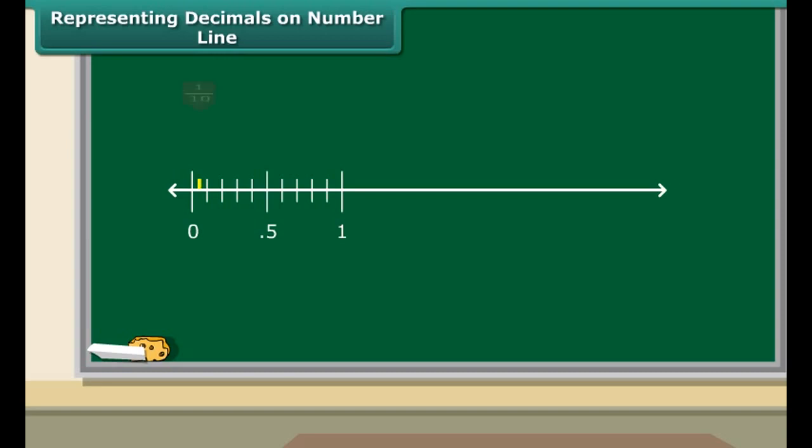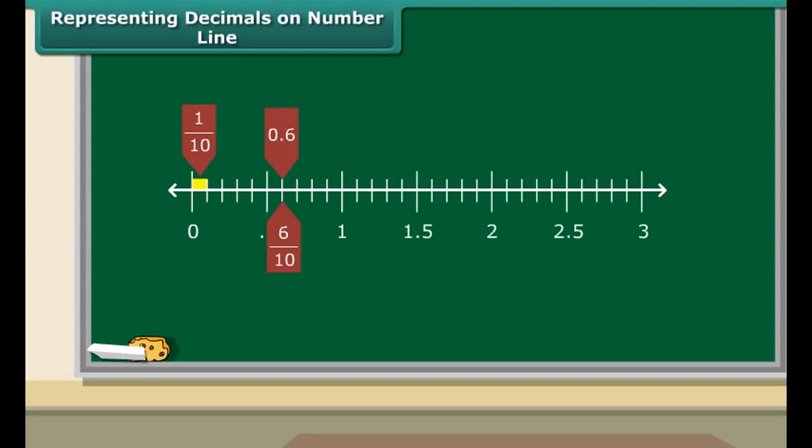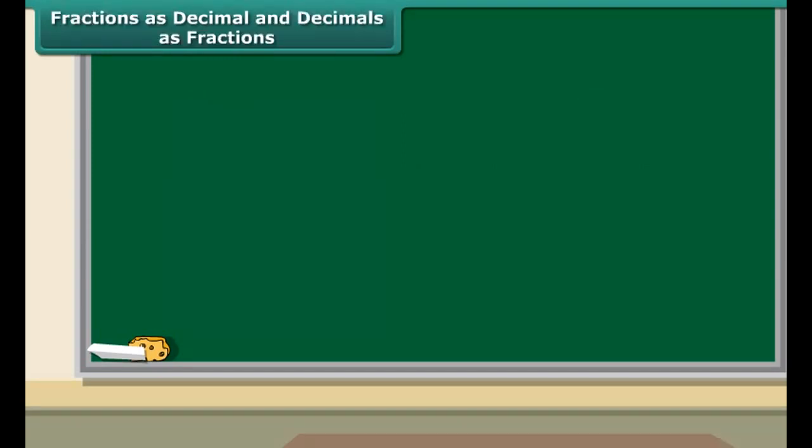Each part is called 1/10. We know that 0.6 is more than 0 and less than 1. And there are 6 1/10s in it. So count 6 parts from 0 and mark it. Similarly, we can represent 2.7 by counting 2 ones and 7 1/10s.